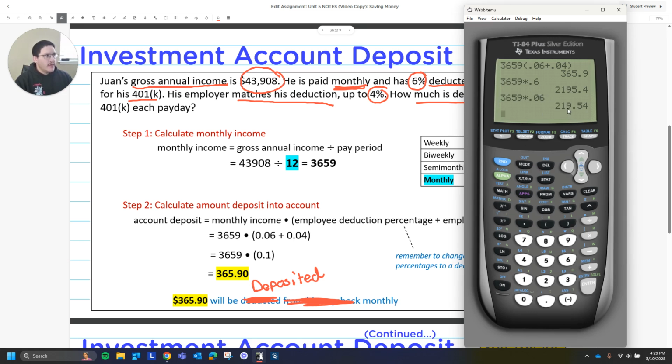So $219.54 will get deposited by Juan, whereas the remaining of the $365 will be paid by his employer. So that's essentially, quote unquote, free money because he's taken out a 401k through his employer.